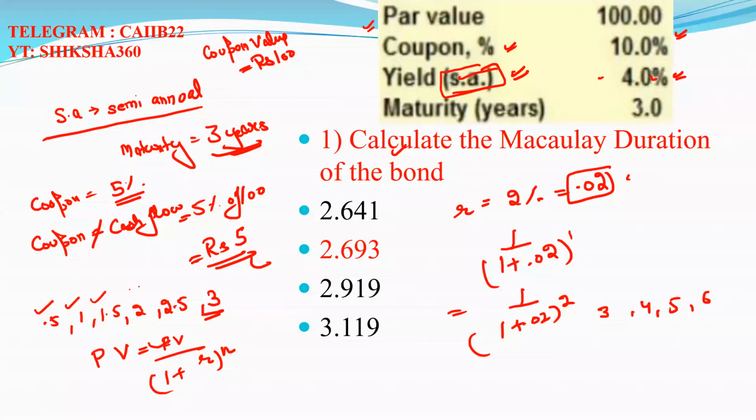The first 5 times the cash flow is 5, and the last time it is 105. So 1 plus 0.02 power 6. Hope up to this point it is clear to all of you.